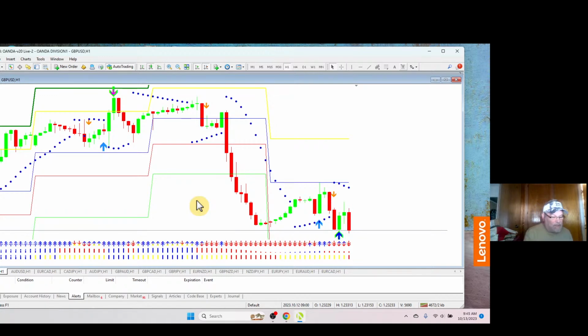See, I don't trade the Euro US dollar. I don't trade the Aussie CAD, Aussie Swiss, Euro Swiss, New Zealand CAD, New Zealand Swiss. I don't trade any of those. I don't trade gold. I've got these 14, which is plenty to look at. There's always trades at some point.